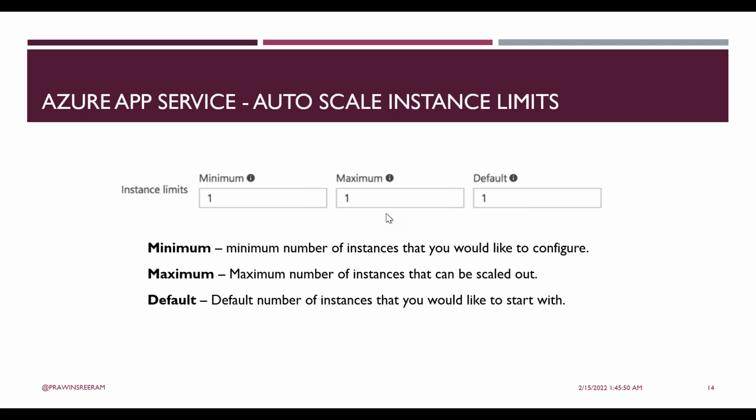Even if there is genuine traffic, I don't want to pay 10x money. So let's restrict it to only 5 servers. That would be a client requirement. So what we can do is here you can set the maximum up to 5. Default you can start with 2. When there is no traffic, come back to 1. All that is possible.